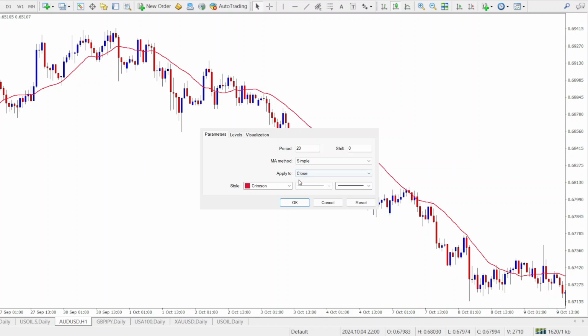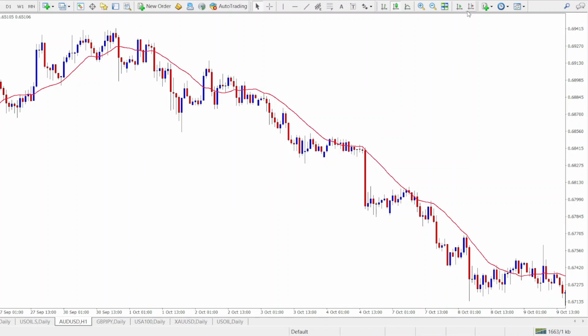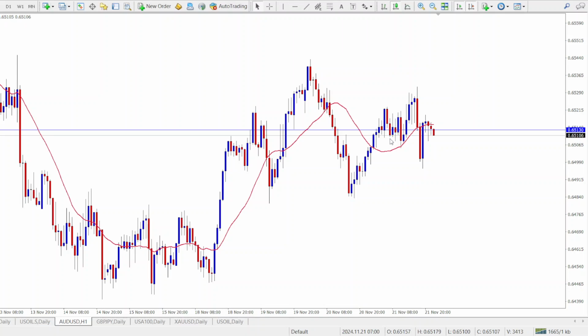The default is applied to close. So if you apply this to close, it's going to average the close prices of the last 20 candles. If you set the period to 20, you're going to average the closing price of the last 20 candles. It's slow to react to price changes, but it can help you see the long-term trend.